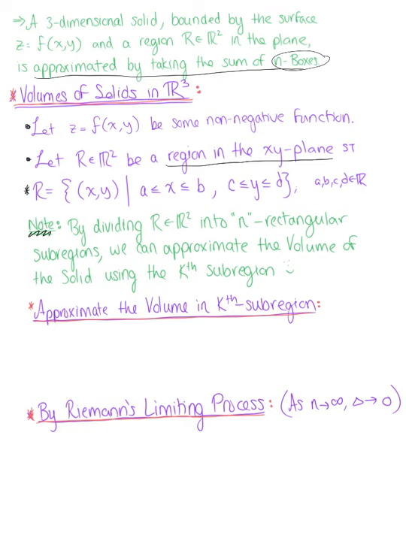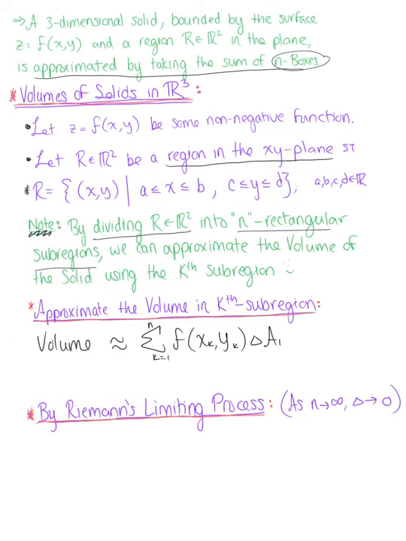So making a note here to ourselves, just like we saw in 2 dimensions, by dividing this region R in R2 into n rectangular subregions, we can approximate the volume of the solid using our kth subregion. So we can say here that the volume can be approximated by the sum from k equals 1 to n of f of x sub k, y sub k, multiplied by delta A sub k.